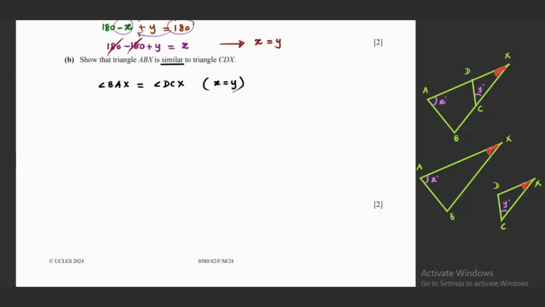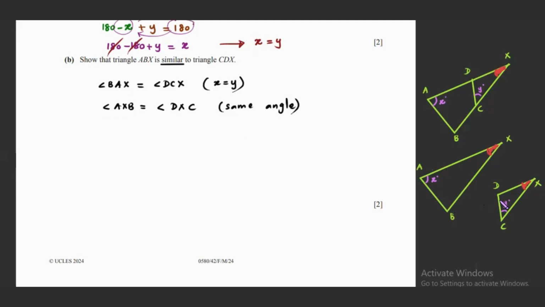So I can say that angle AXB will be equal to angle DXC because it's the same angle. So definitely they will be equal. Now we have proved that two angles in one triangle are equal to two angles in another triangle.